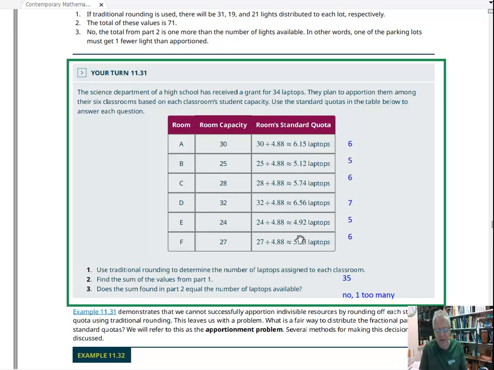That's 4.88 here, and they come up with these numbers, and then you have to round them. Well, if you use the traditional rounding, where 0.5 you round up and 0.49 you round down, you come up with these numbers here, and when you add them, you get 35. Oops, 1 too many. We don't have 35, we only have 34.